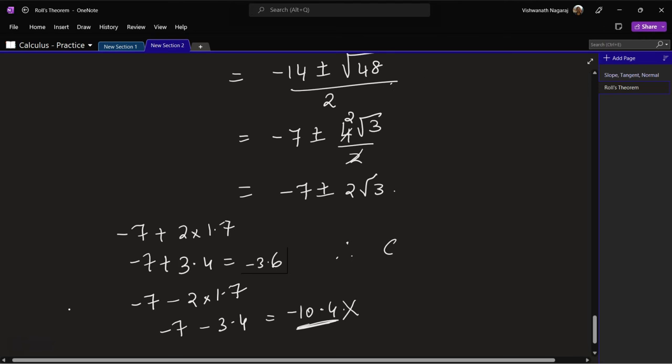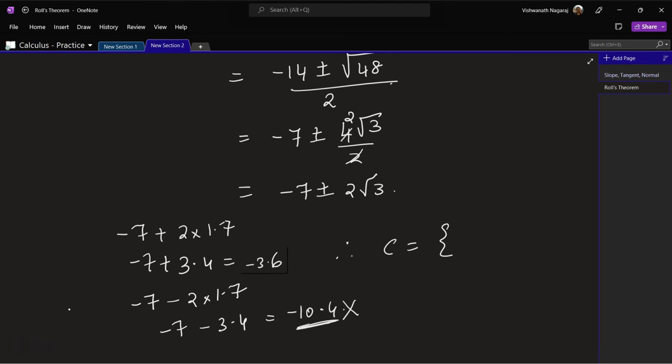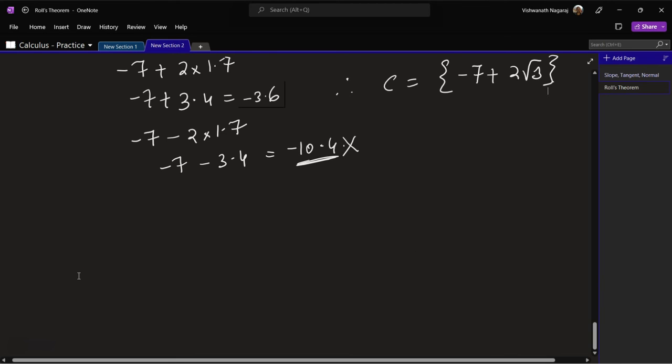So therefore C is equal to only a single value, that is minus 7 plus 2 root 3. This is one additional activity you have to do to make sure that the resulting value is within the given interval, because we are interested only in that.